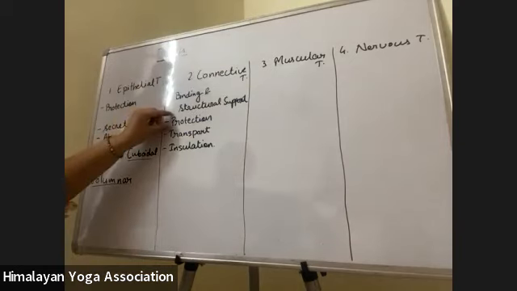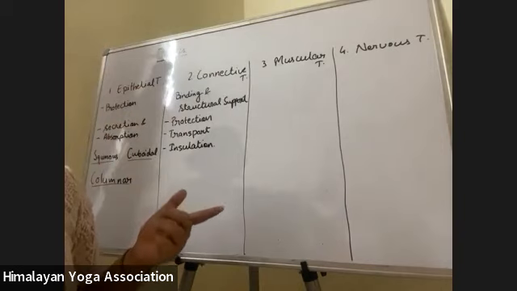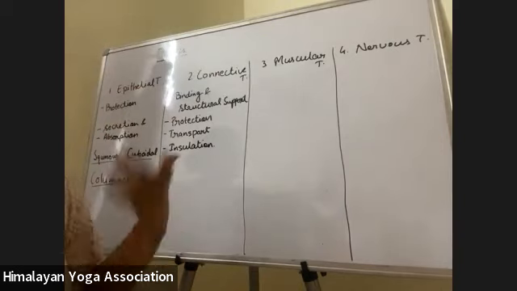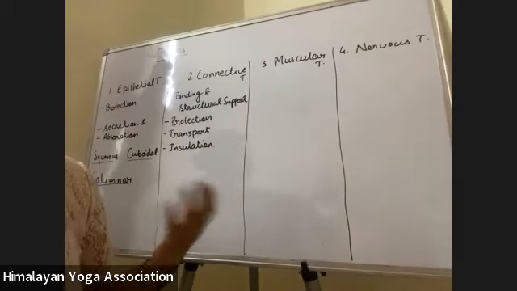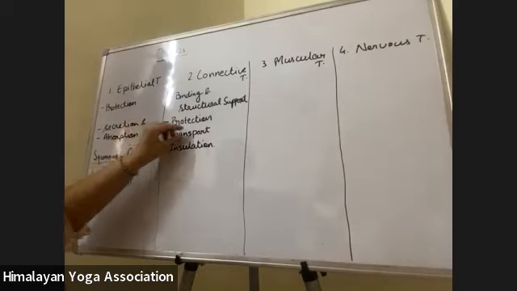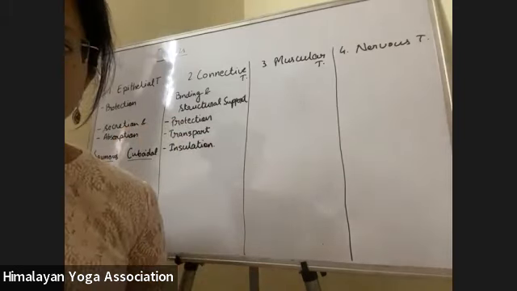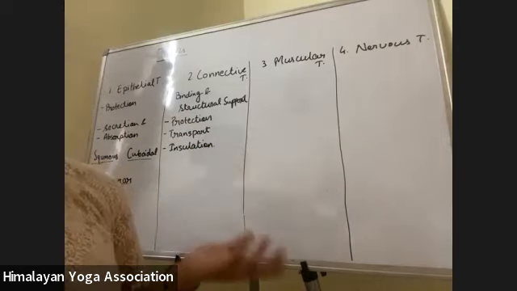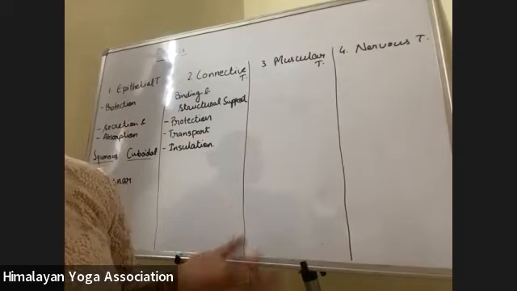That blood gives us protection. WBCs will fight any foreign particle like virus or bacteria if it enters the body. Then transport: the blood is transporting everything, like oxygen, carbon dioxide, waste material, water, and nutrients.